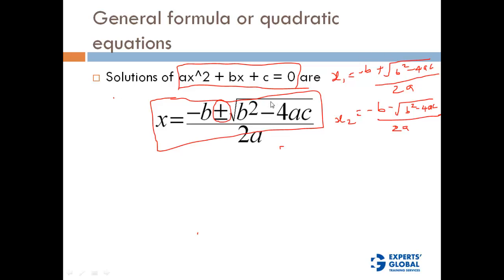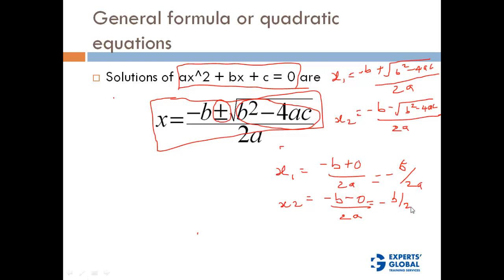So if b square minus 4ac is equal to 0, what you are going to have is x1 is equal to minus b plus 0 by 2a, and x2 is equal to minus b minus 0 by 2a, right? So ultimately both of them will give minus b by 2a. So both these solutions are the same.